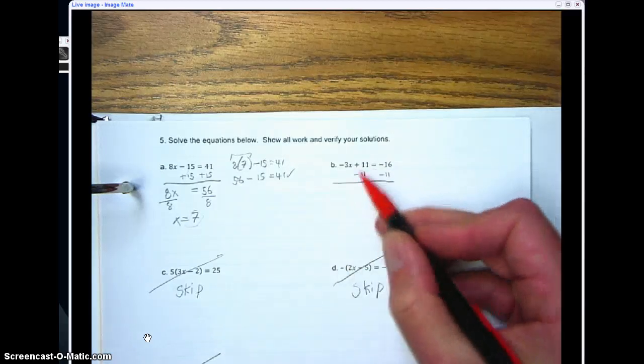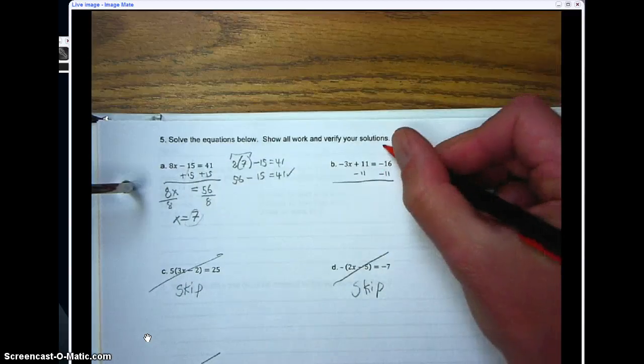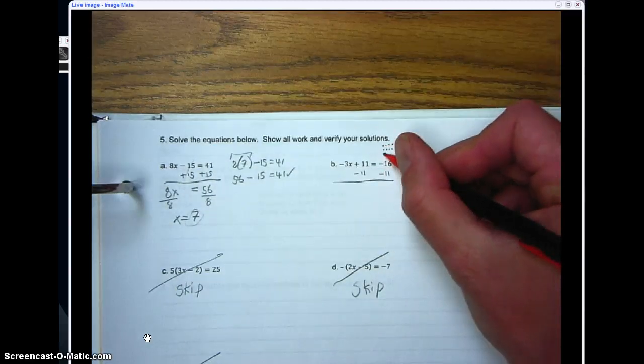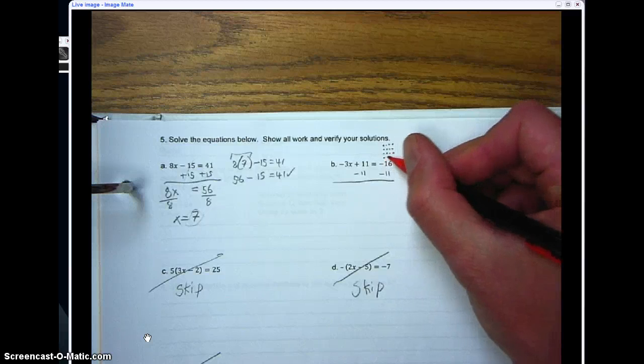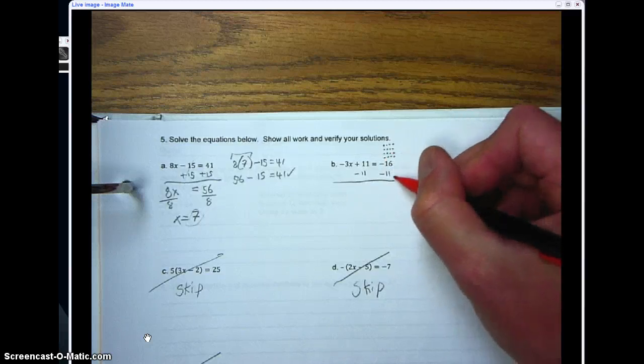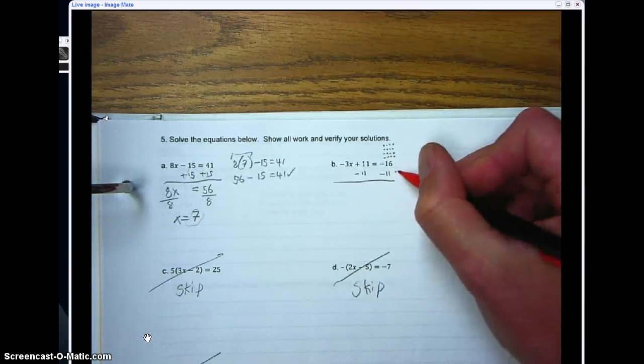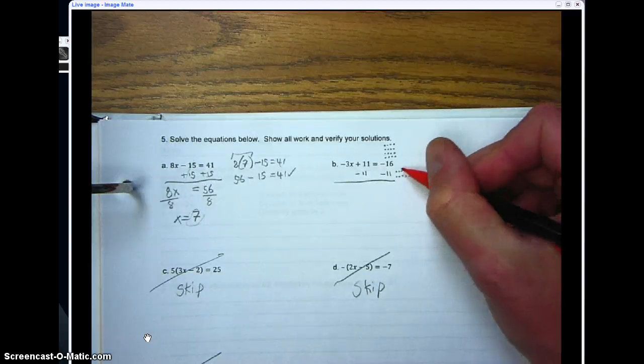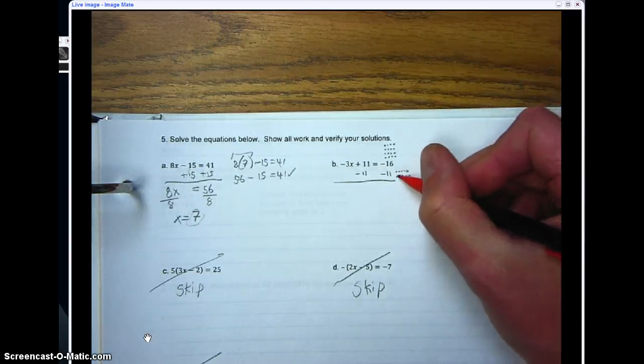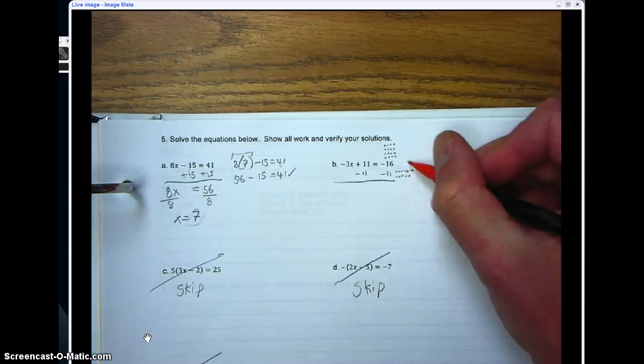Now think of these as algebra tiles. Over here I'm going to draw it very small. Don't I have 16 negative single units? And here I'm adding to that 11 more. 1, 2, 3, 4, 5, 6, 7, 8, 9, 10, 11.